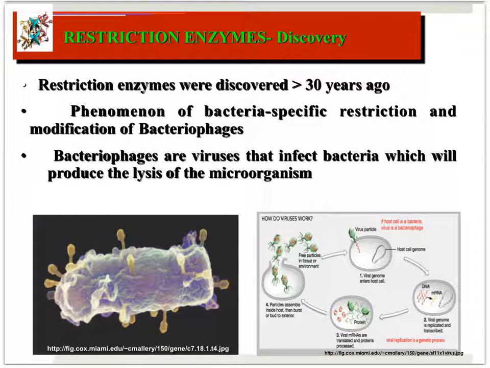So bacteria developed a mechanism to defend themselves by restricting access of these viruses infecting them. That's why we call them restriction enzymes. Is everybody clear about what bacteriophages are? These are viruses. In fact, as a tool we also use them for transduction purposes and others. But these are viruses that infect bacteria.